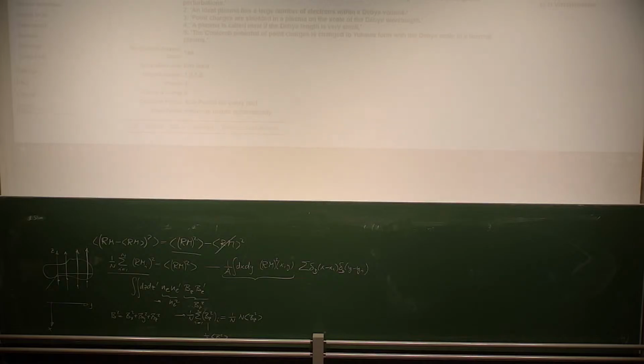Now you can have additional types of sound waves in the plasma. For example, the ion acoustic wave that we talked about, where you do not treat the plasma as a tightly coupled gas of two different species, but where you take the possible oscillations of the electrons against the ions into account.